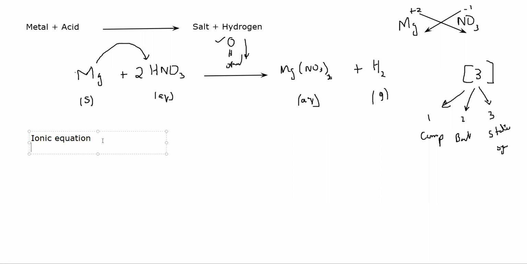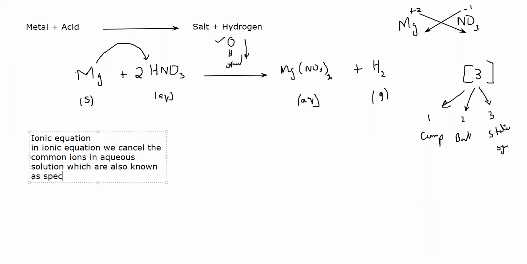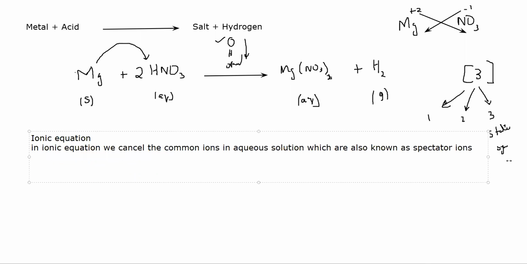In an ionic equation, we cancel the common ions in aqueous solutions, which are also known as spectator ions. And for an ionic equation, you should know the state symbols.